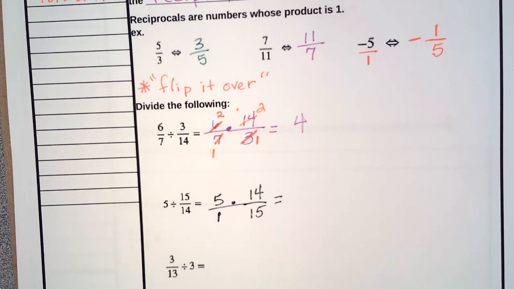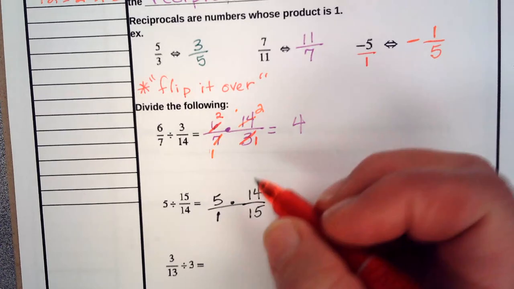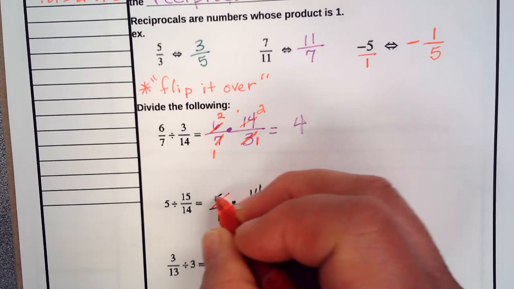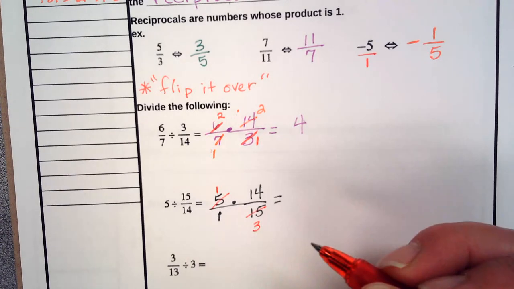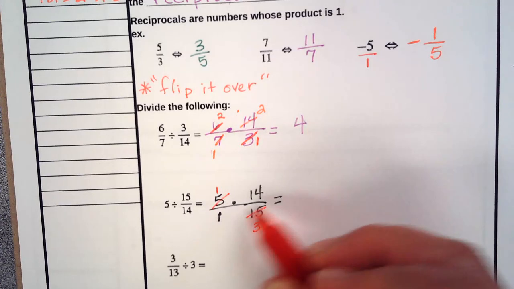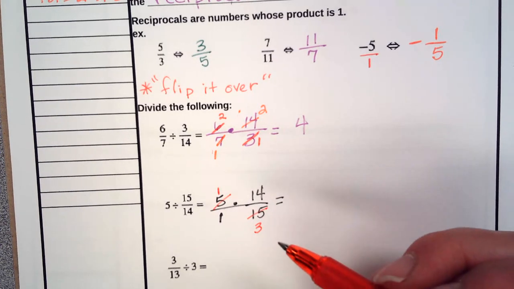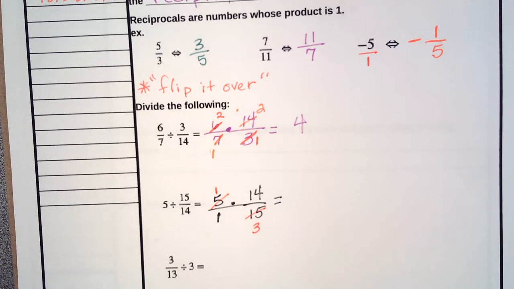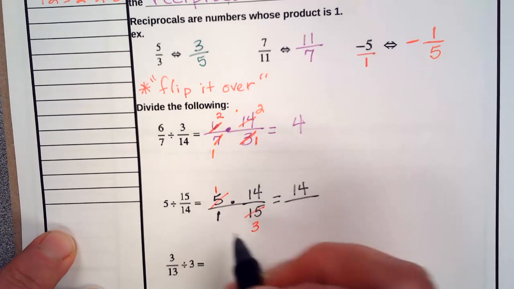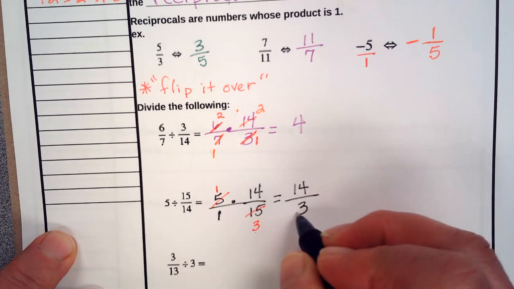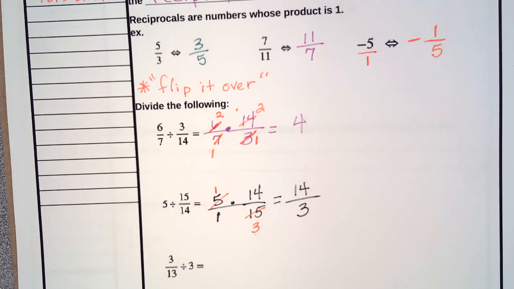If I'm looking, 5 will divide evenly into 15. 5 divided by 5 is 1. 15 divided by 5 is 3. 1 and 14 are left. There's no common factors. We don't have to worry about it. 1 times 14 is 14. 1 times 3 is 3. And we're done.